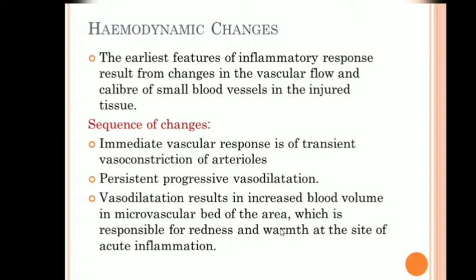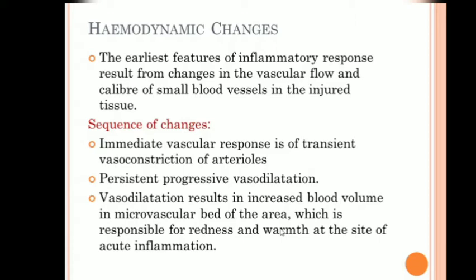The sequence of changes includes: first, irrespective of the type of injury, the immediate vascular response is transient vasoconstriction of arterioles. With a mild form of injury, the blood flow may be reestablished in 3 to 5 seconds, while with more severe injury, the vasoconstriction may last for 5 minutes.